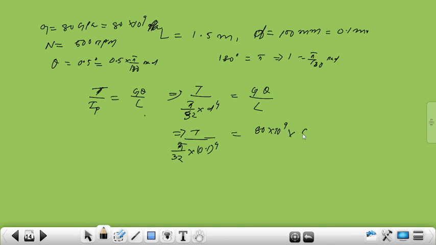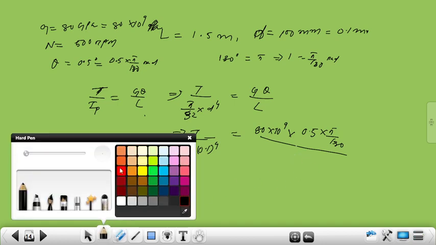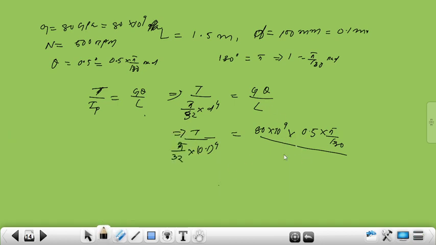Theta is given as 0.5 into pi by 180 radian, and the length given is 1.5 meter. So by solving this we get torque as 4.56 into 10 to the power 3 Newton meter.